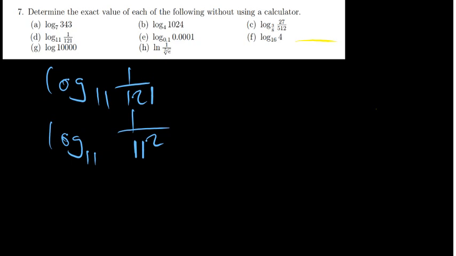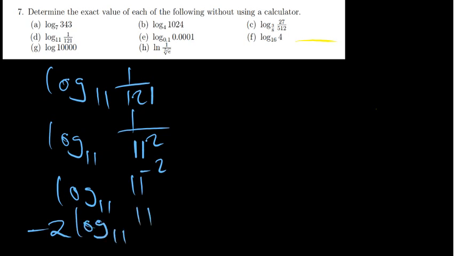So now this is 1 on top. It's the same as log base 11 of 11 to the power negative 2. The moment I say negative, this one has disappeared, like the way we did on question 1. So now I can shift negative 2 to be in front. Log base 11 of 11 is going to give us 1, so the answer is going to be negative 2.